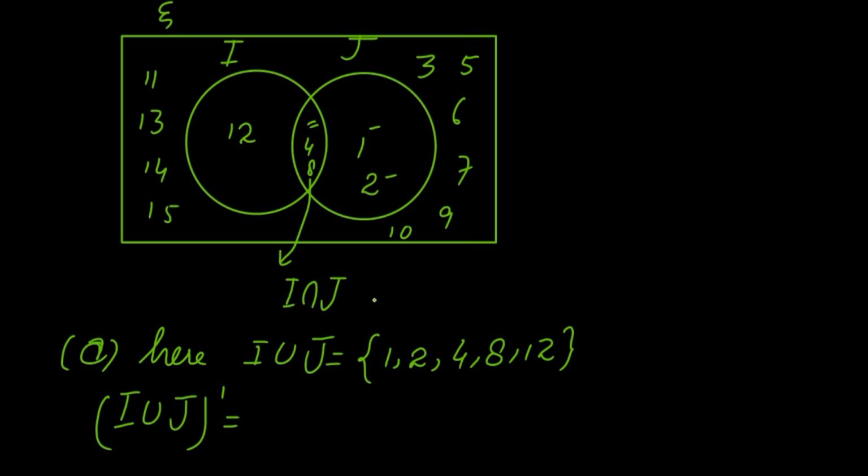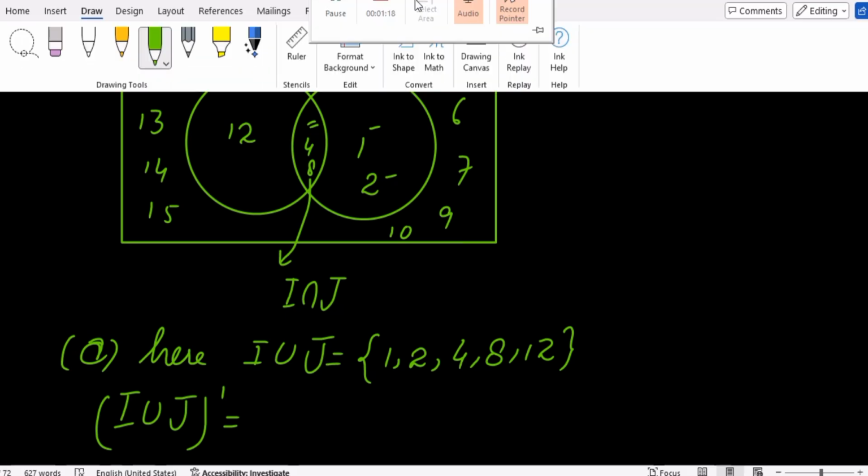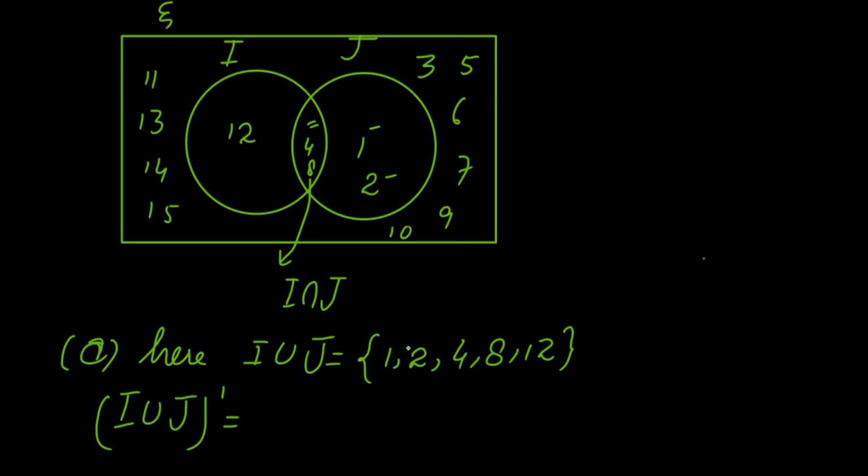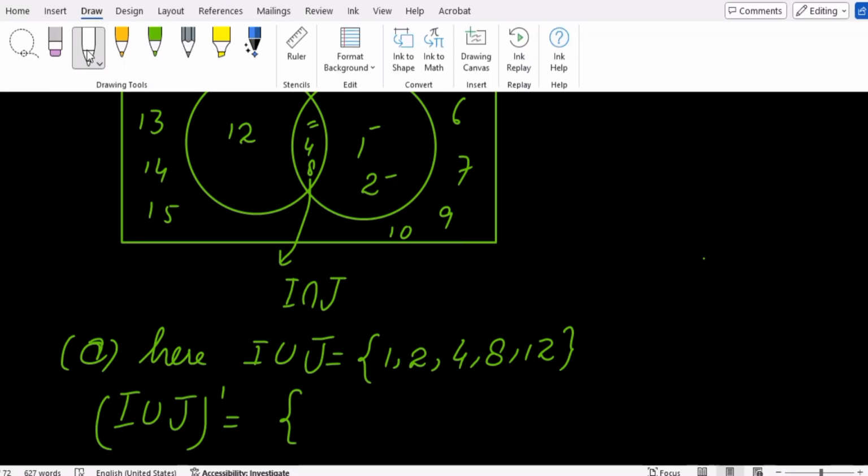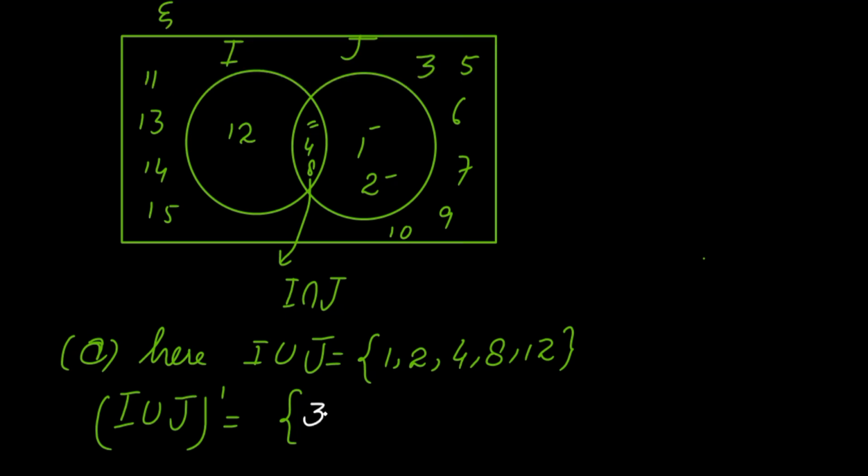So the elements outside I union j are 3, 5, 6, 7, 9, 10, 11, 13, 14 and 15. These elements belong to the complement of I union j.